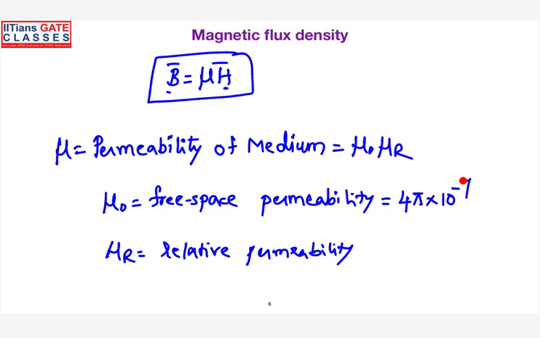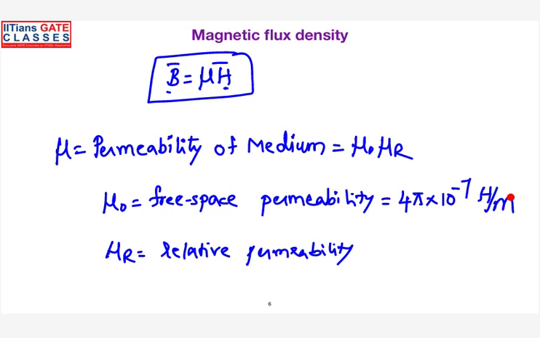Can anybody tell the unit of this? What is the unit of permeability? Nobody? So the permeability is in Henry per meter.